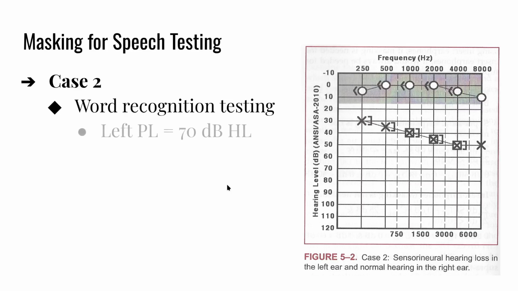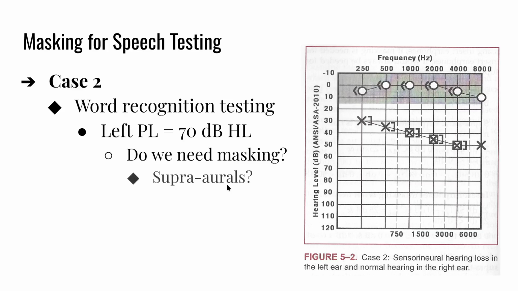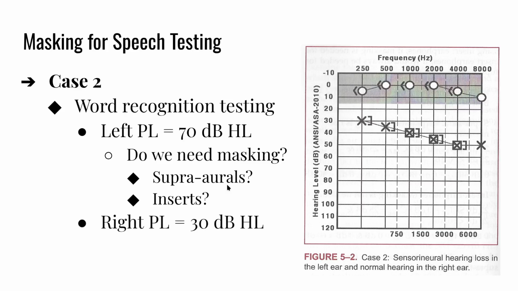Now for word recognition testing, if the presentation level is 70 dB HL, do we need masking here? With supra-aurals, with inserts. Right ear presentation level is 30 dB, because it's normal hearing in the right ear. We're doing word recognition at 30 dB above SRT.